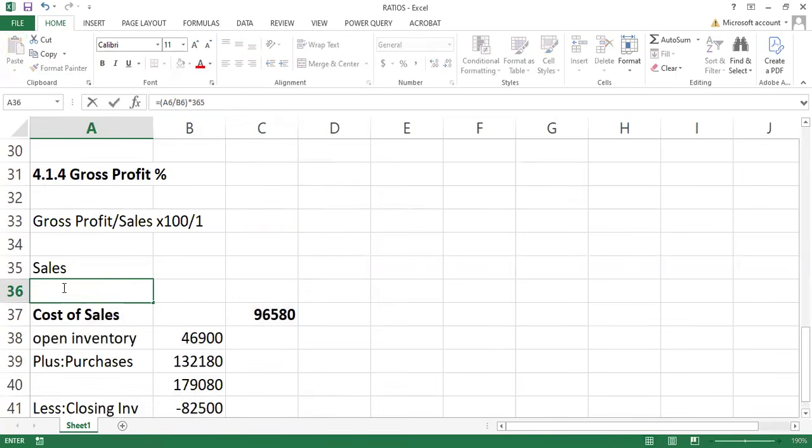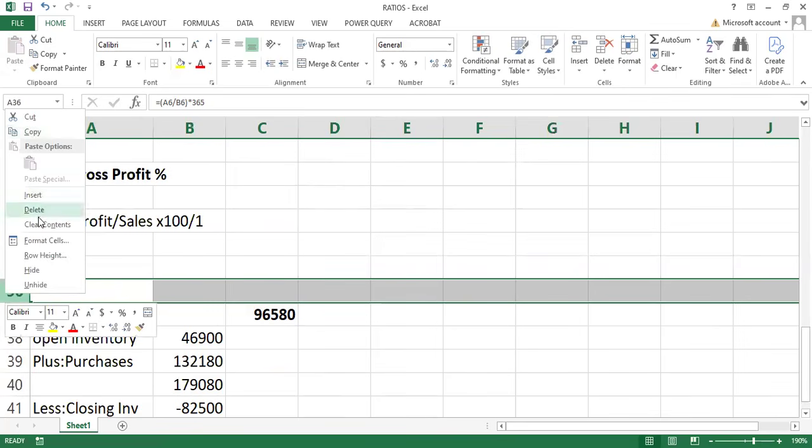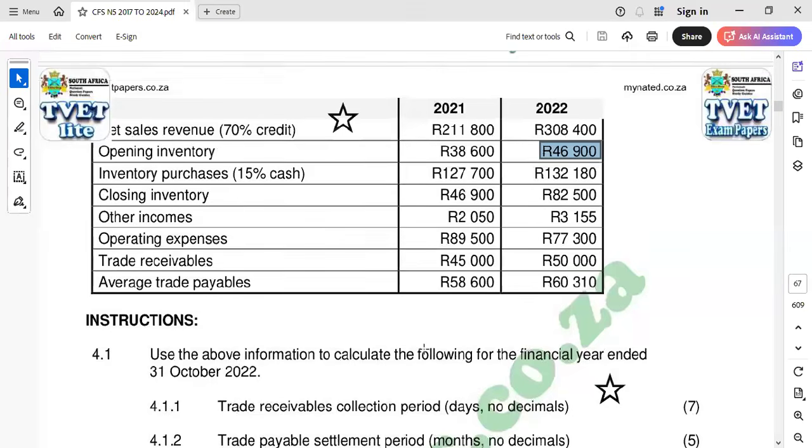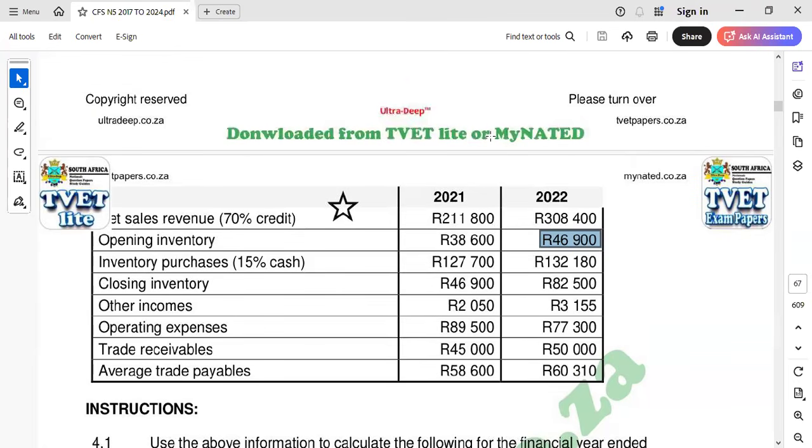Even if I can delete this, close this. Yeah. Then now our sales, I can go there. Our sales is going to be 308,400. Okay, let us go there.